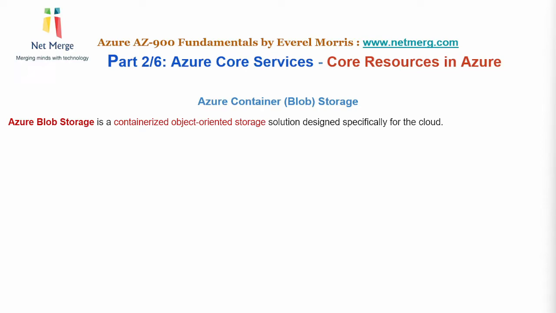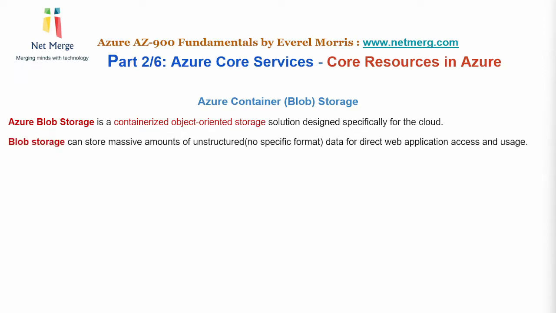Now, if you're coming from a software background, we're going to be talking about container storage, which is referred to as blob storage. If you're coming from an object-oriented programming background, you'd understand what object storage is. This is the solution that Azure presents as their object storage. It's called blob storage.